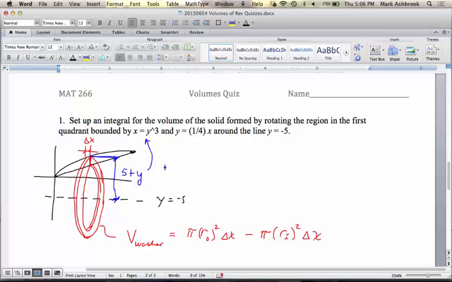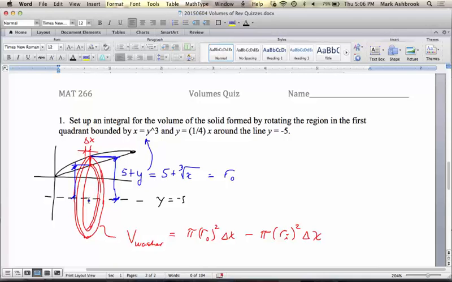And what's y for the curve? That'd be cube root of x. Okay, that's the outer radius, r outer. And then the inner radius is this one here.